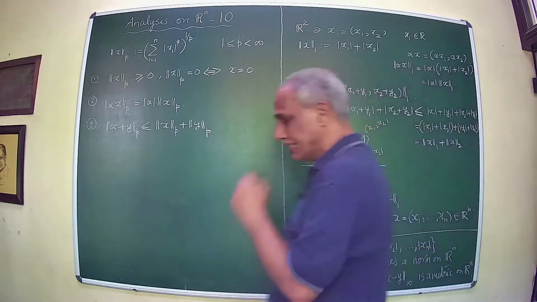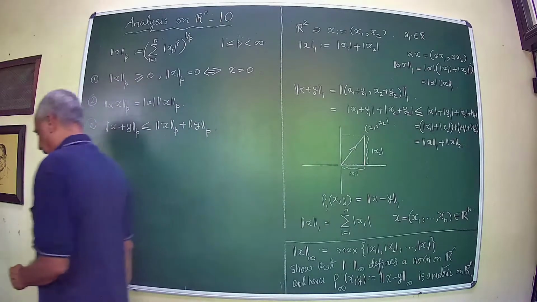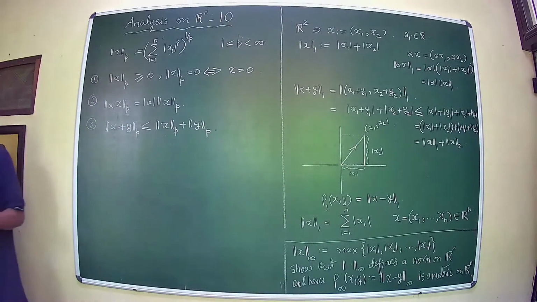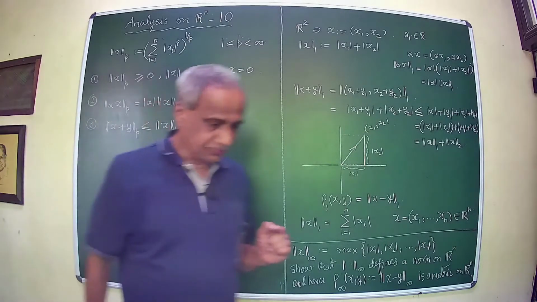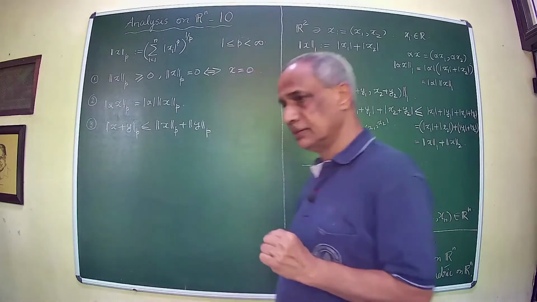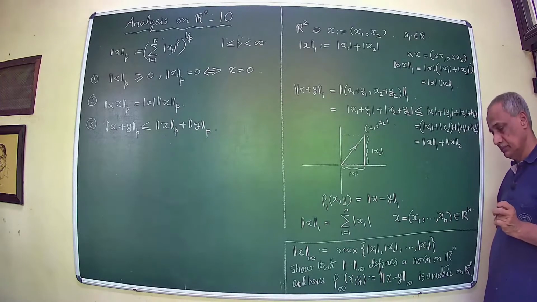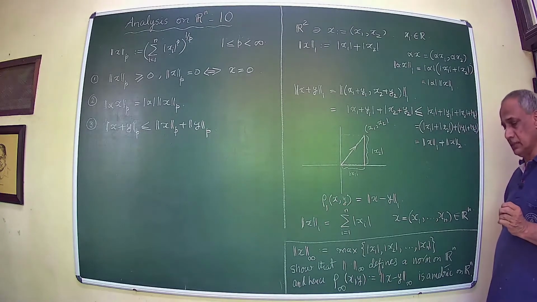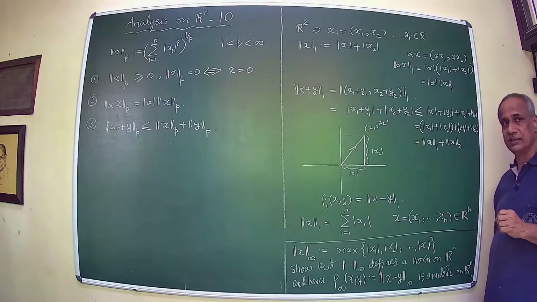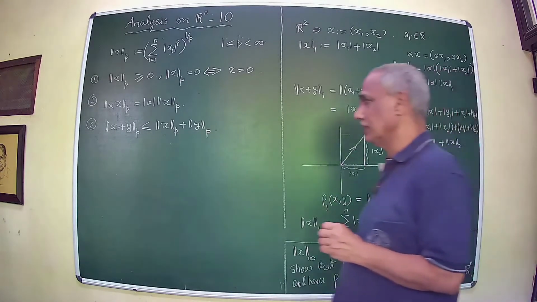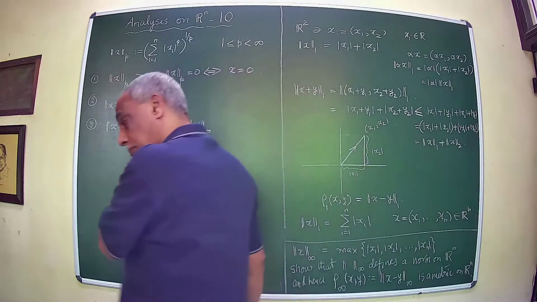In fact, you need the analog or the generalization of the Cauchy-Schwarz inequality, and use that to prove the triangle inequality for the norm.